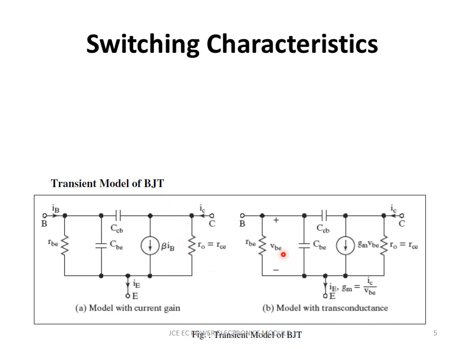Here also we have all those parameters, except that I am representing beta IB as GM into VB. What is GM? GM is IC by VBE. Are you getting this? We know beta is IC by IB, right? So GM into VB will become IC.